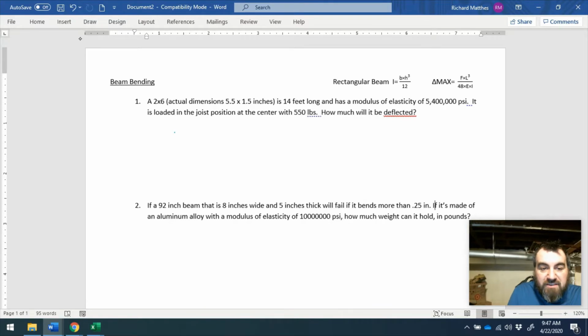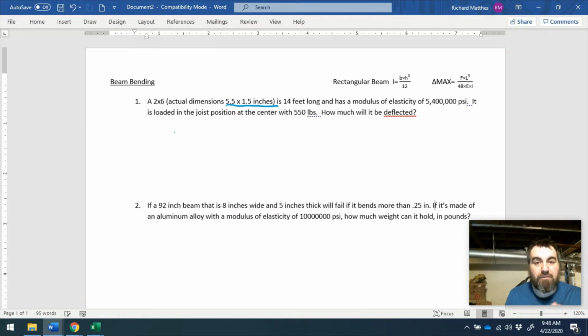It says a 2x6, actual dimensions 5.5 by 1.5 inches. This is something I didn't really get into when I was doing the video, but when I say a 2x4 or a 2x6, those are dimensional lumber, like you would get at Menards or from a lumber yard. And it's hilarious, but the dimensions of a 2x4 aren't actually 2 inches by 4 inches.